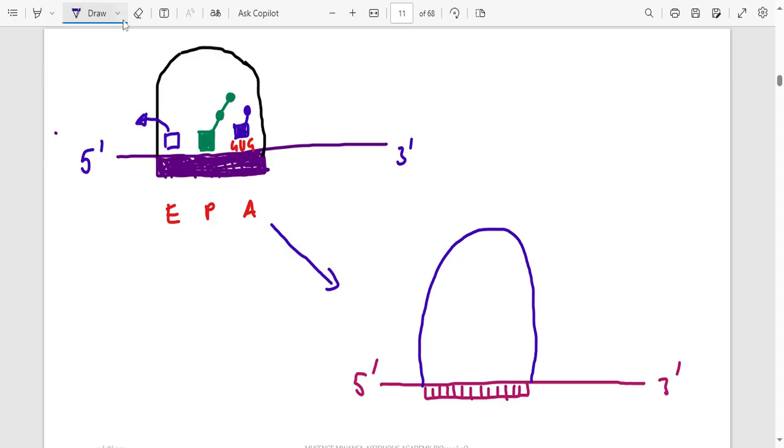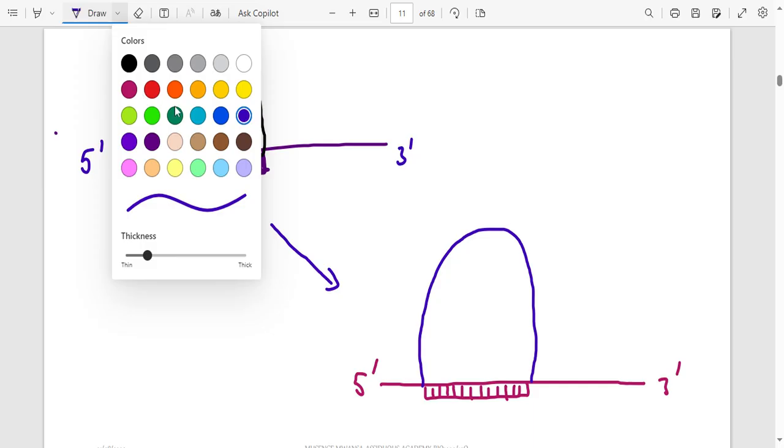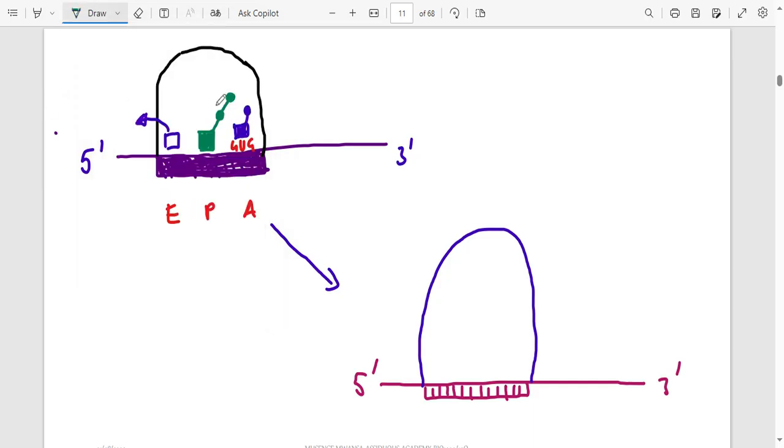So after we form a bond, this guy is going to detach and go and attach to the one that is in the A site, meaning that the long chain is going to be in the A site, right? But we are now going to move it. We are going to move one codon forward. So in the P site, this is now where we are going to have this guy. It has now 3 nucleotides.